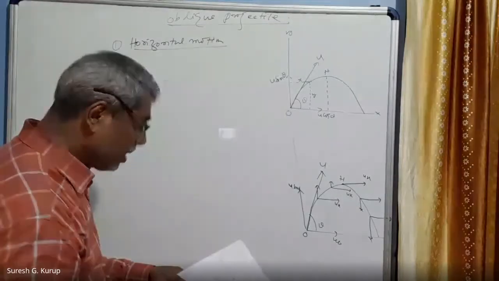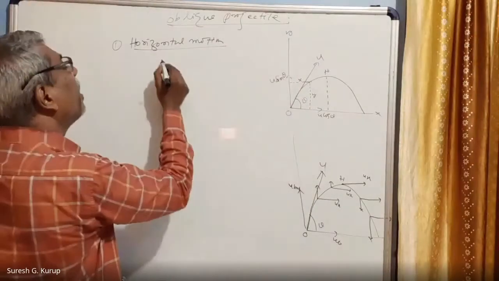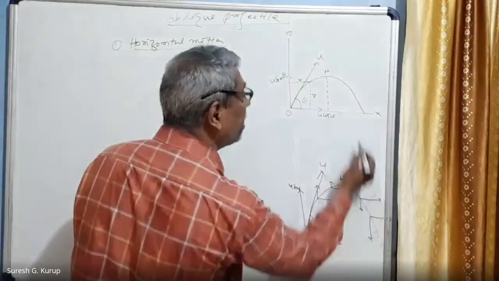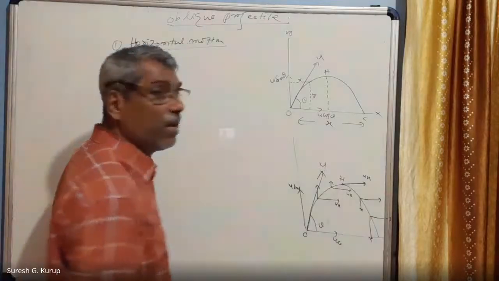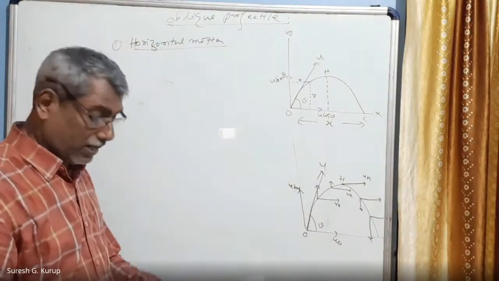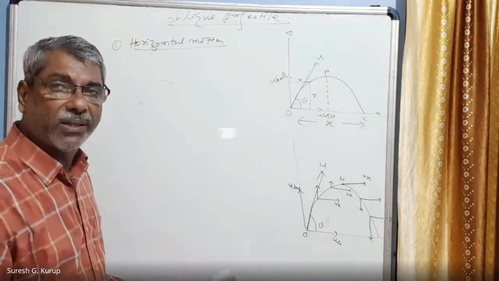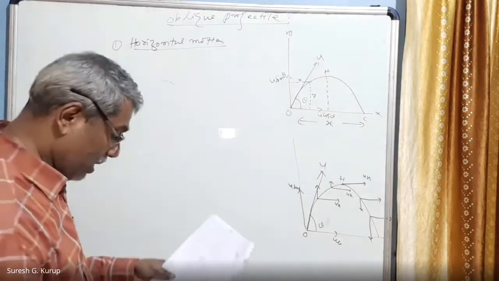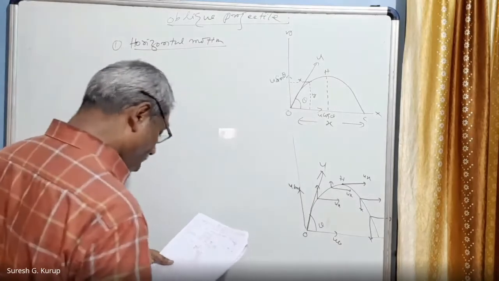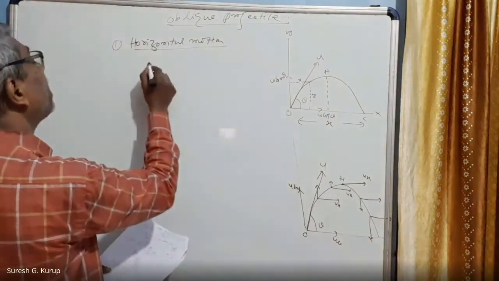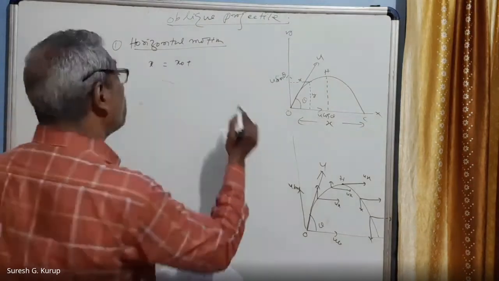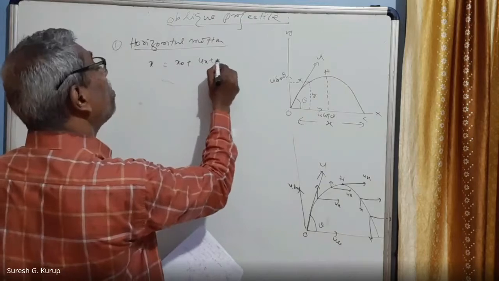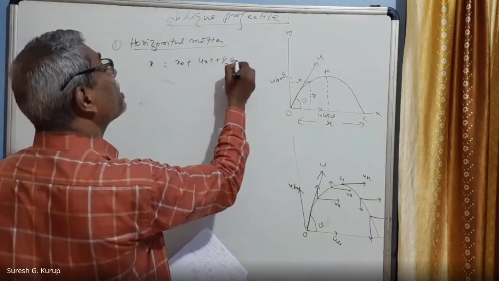Horizontal motion, what we write? Suppose the body reaches this point C, the total distance moved is equal to x only, right? In time t seconds, the body travels the distance x. According to this condition, we can say x is equal to x0 plus uxt plus half ax into t square.